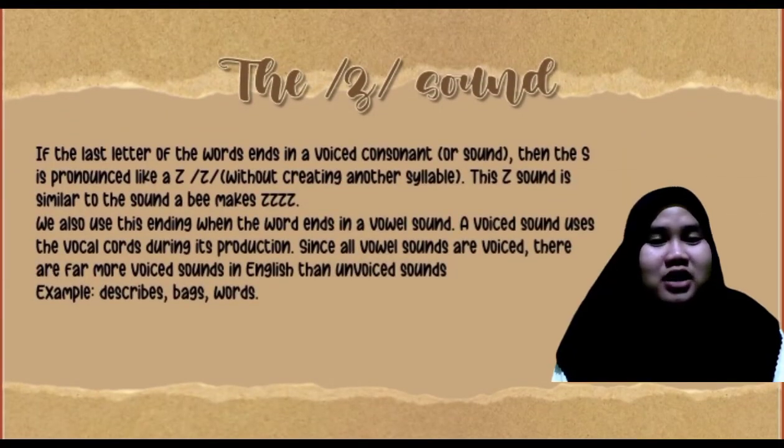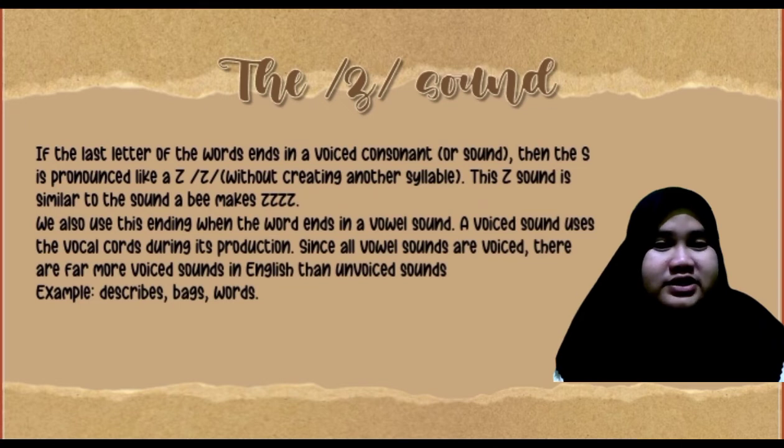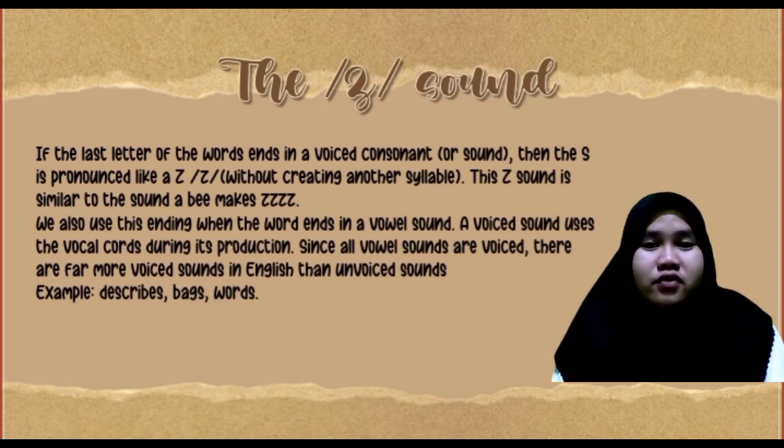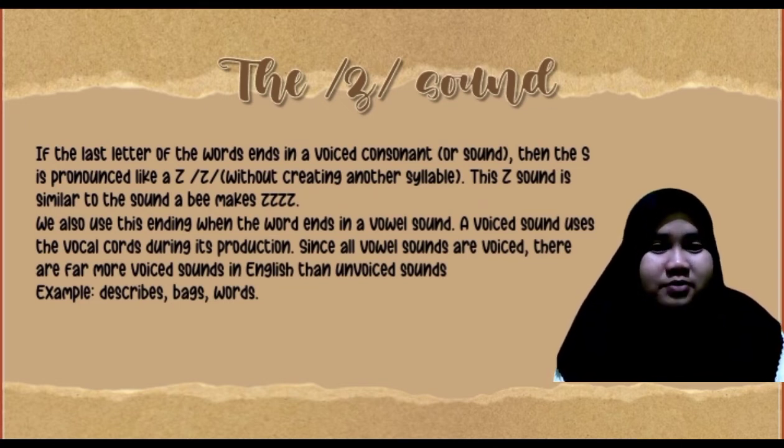The /z/ sound. The /z/ sound is made through the mouth and it is voiced, which means that you vibrate your vocal cords to make the sound. It is defined by the shape of your teeth and the position of your tongue, and it is a sibilant, which is a sound made by directing a stream of air with the tongue towards the sharp edge of the teeth.